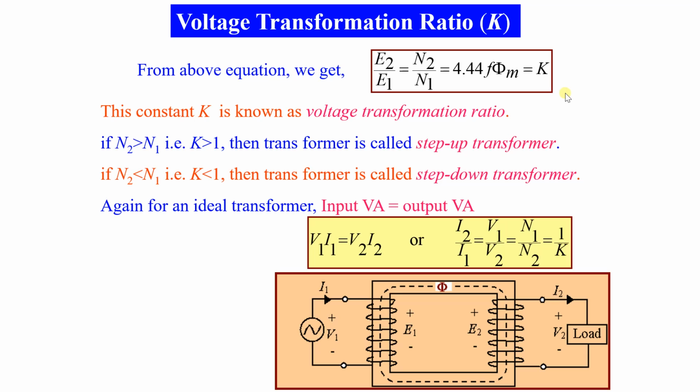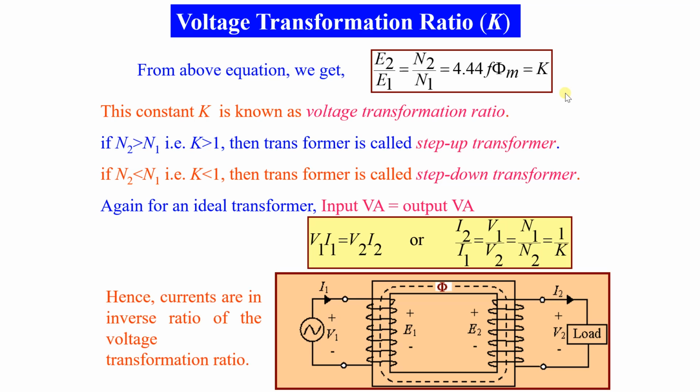That can be written as V1 I1 is equal to V2 I2, or we can say I2 upon I1 is equal to V1 upon V2 is equal to N1 upon N2 is equal to 1 upon K. This is called the inverse ratio of voltage transformation, because here we are talking about 1 upon K. A voltage transformation is represented by K, and when it is 1 upon K, then it is called the inverse ratio of voltage transformation.